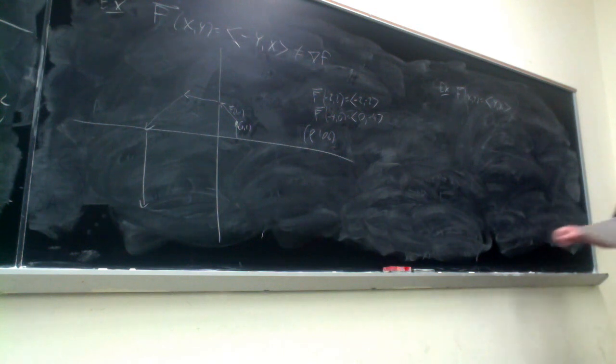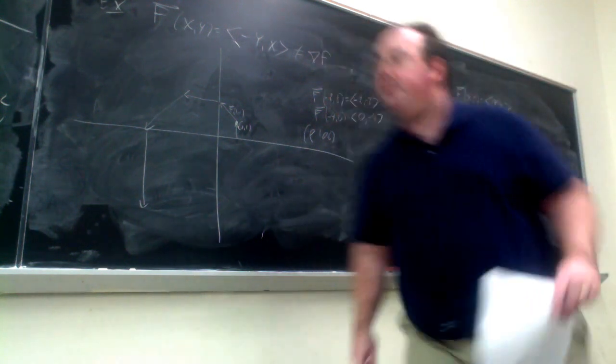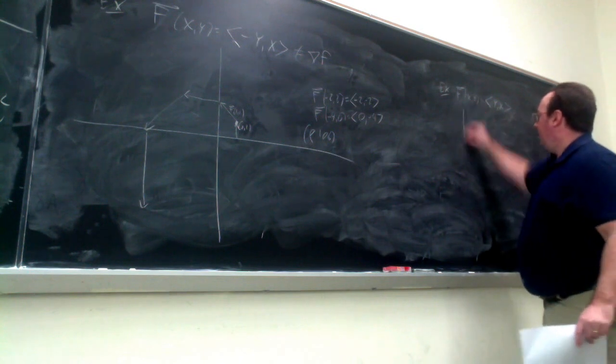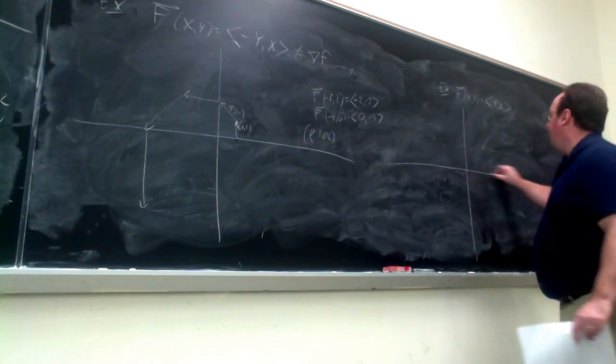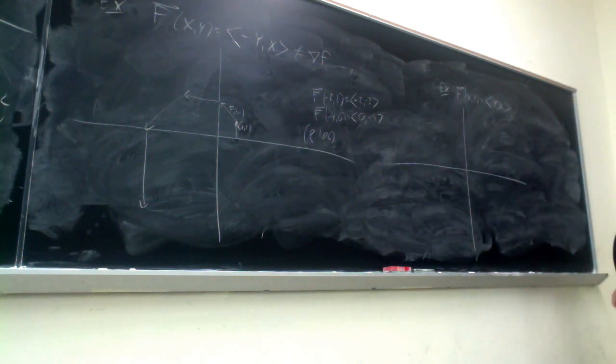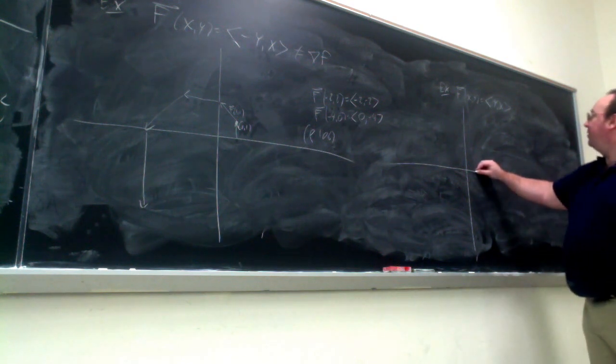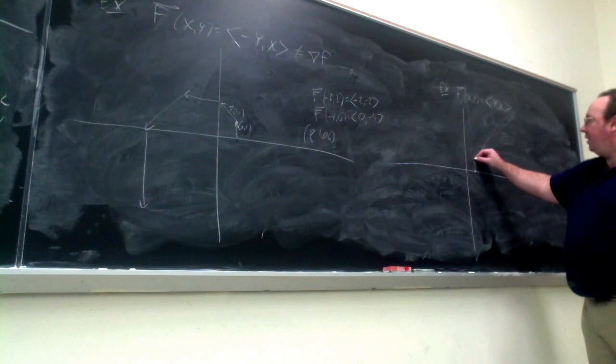Now, for the other example, where we just have y, x. So when x is 1 and y is 0, I'm just going to have 0, 1. When x is 1, 1, that'll go in this direction.